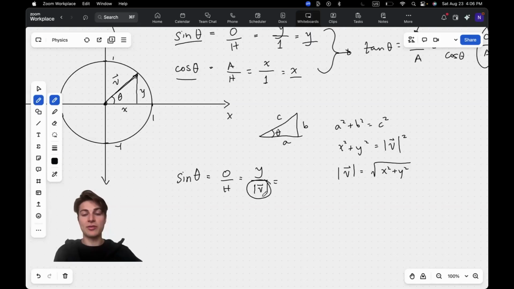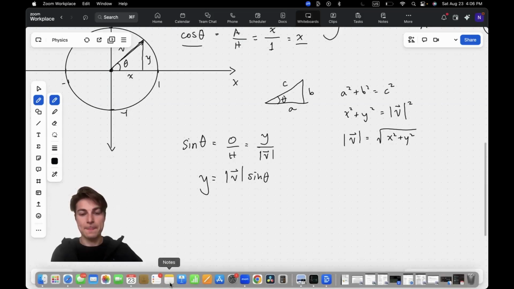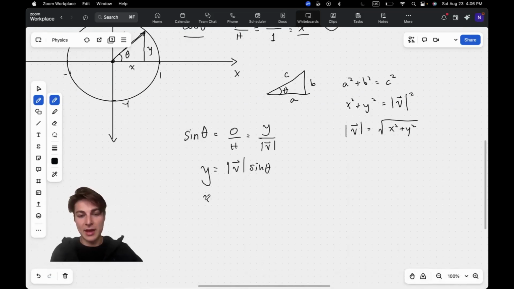This is our overall vector. Y here is the y component of vector v. If you have this, then that means y is equal to the magnitude of the vector times sine theta. And similarly, x is equal to v cosine theta.